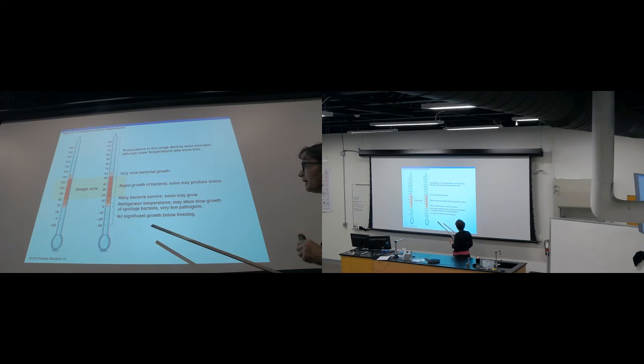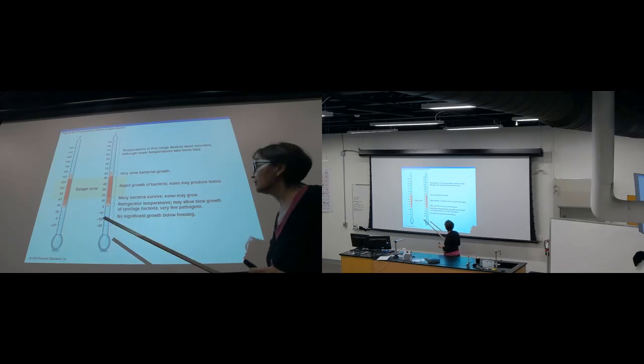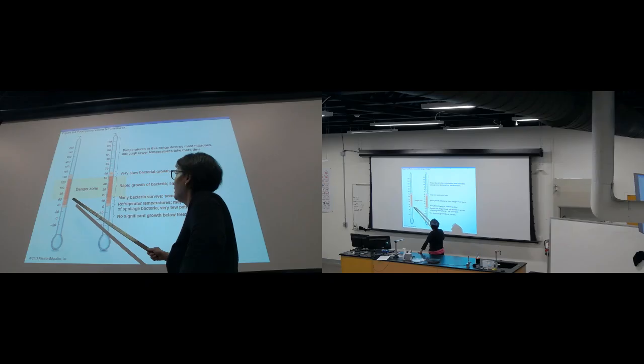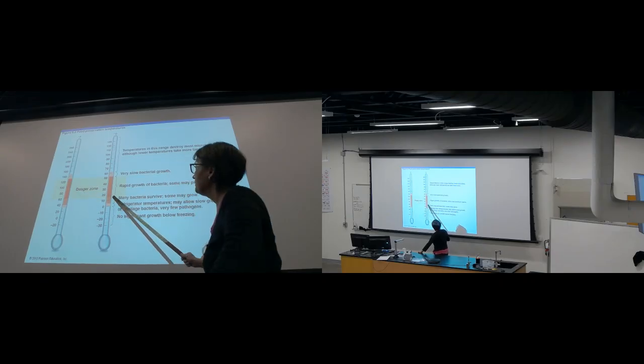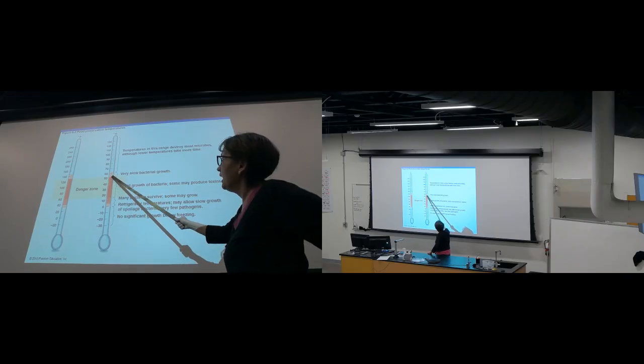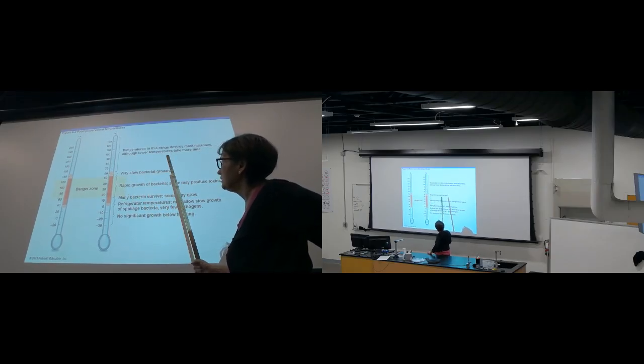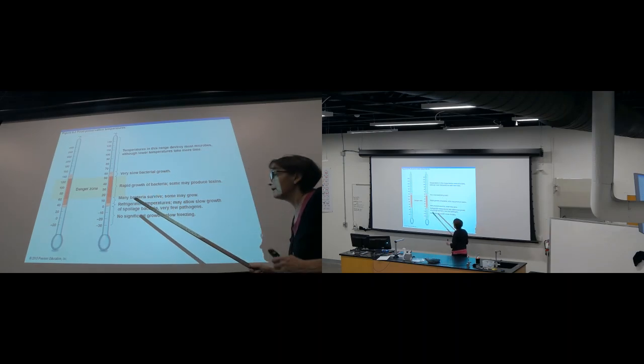We have defined a temperature range for handling food called the danger zone, in which most microorganisms grow really rapidly. It is between 60 to 130 degrees Fahrenheit, or between 15 and 53 Celsius.